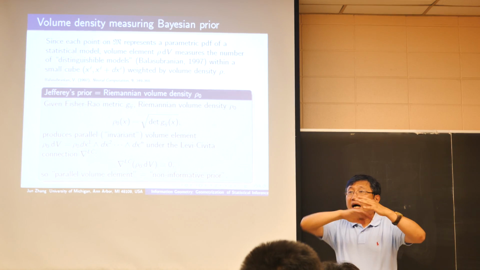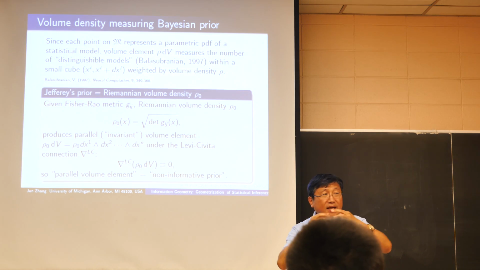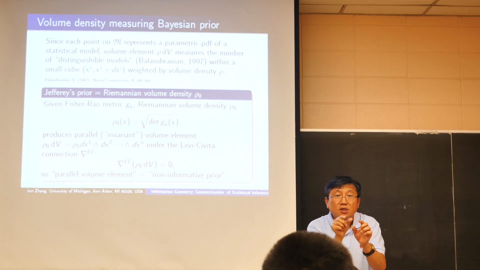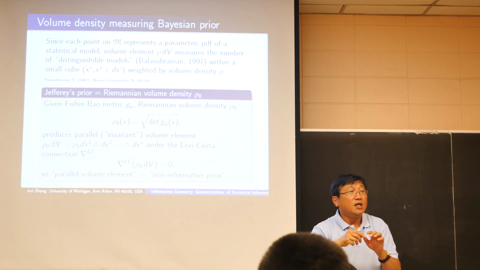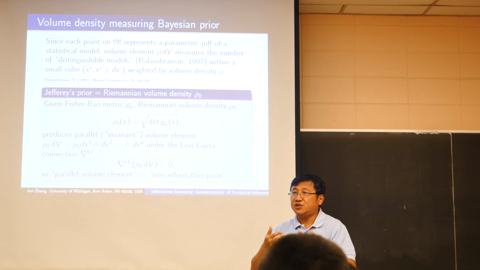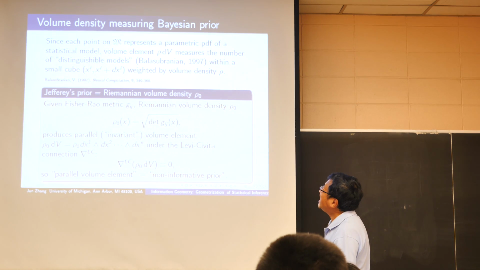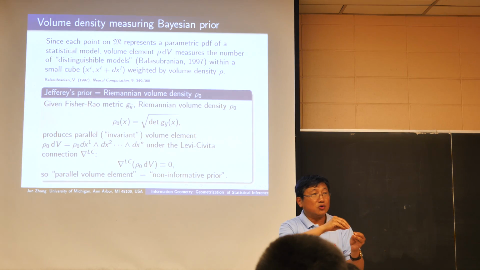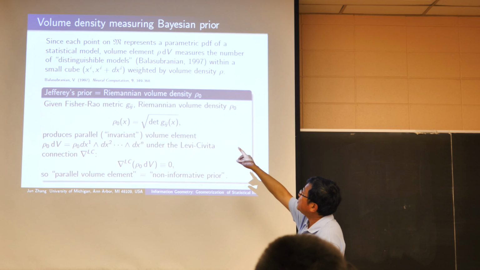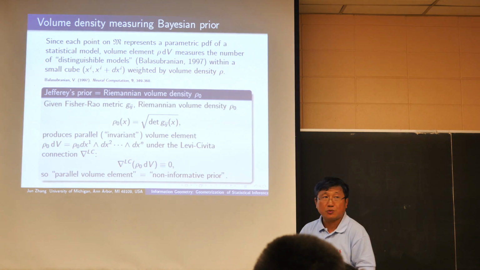In our manifold, each point is one model, and a slightly neighboring point is another model. So in any small cube in this manifold, there are a lot of models. So you can impose that interpretation of the distinguishability of the models. He did a very thorough analysis and showed how this distinguishability of different model classes can be related to the Riemannian volume form, and this is precisely what Jeffreys prior is.